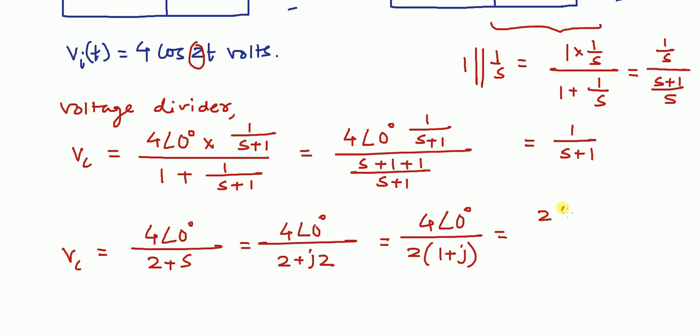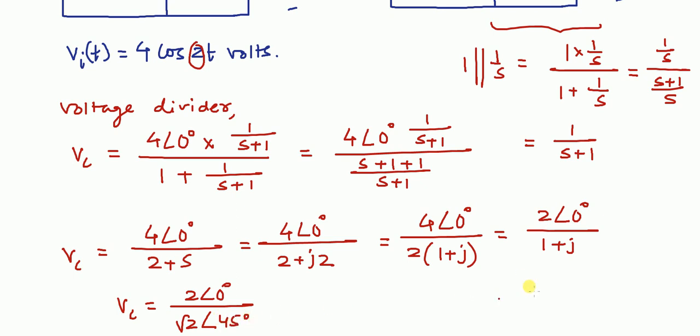So this will be 2 at an angle 0 over 1 plus j. This 1 plus j is written in rectangular form, and in polar form it is root 2 at an angle 45 degree.